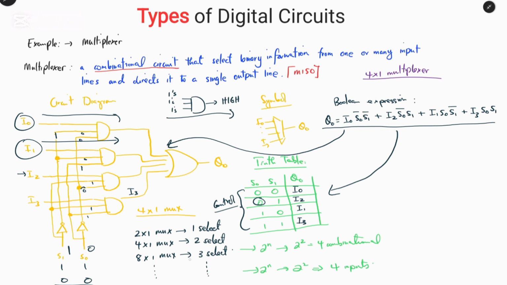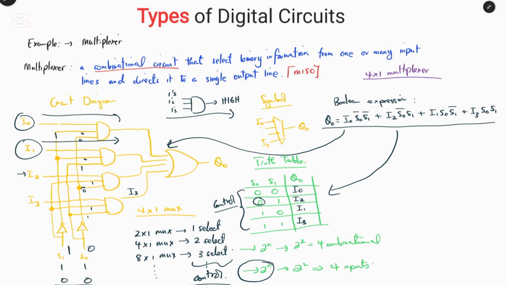So depending on how many select lines we have, or how many inputs the multiplexer has, they all correspond according to the equation 2 to the power n. So we can have many inputs to a multiplexer, and then depending on the control, we can select which of these inputs will pass through to the output.